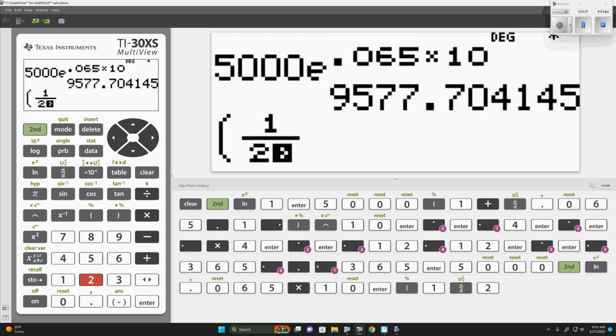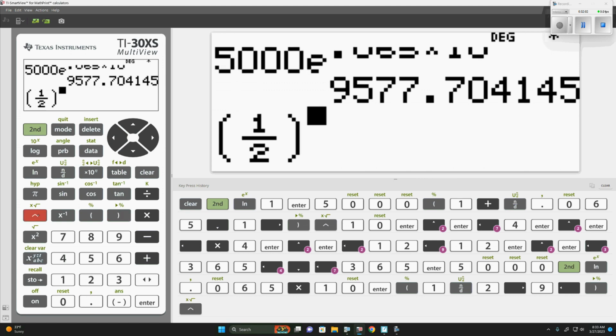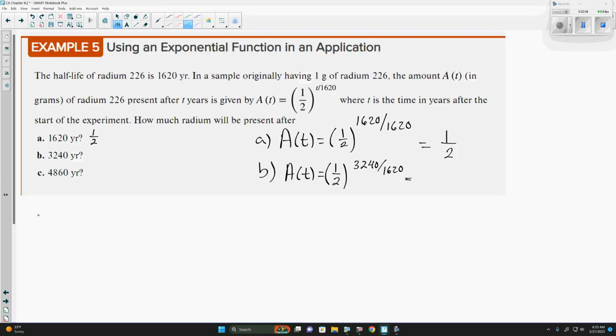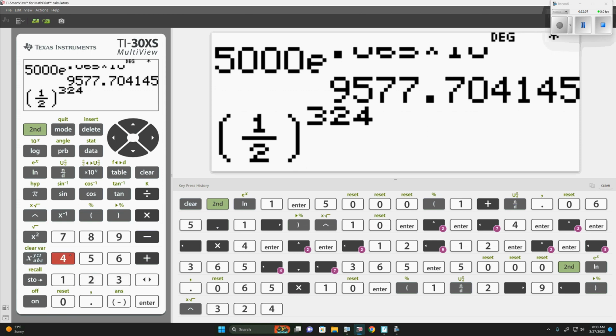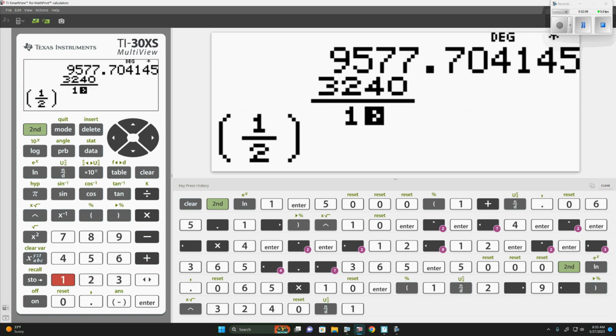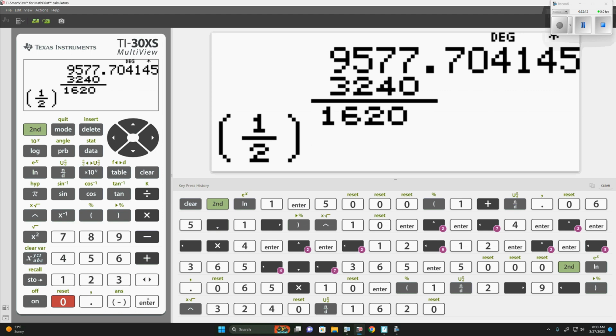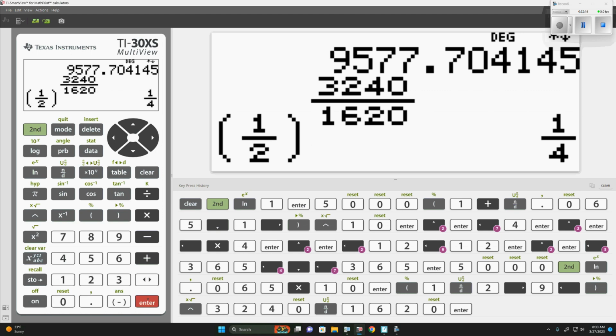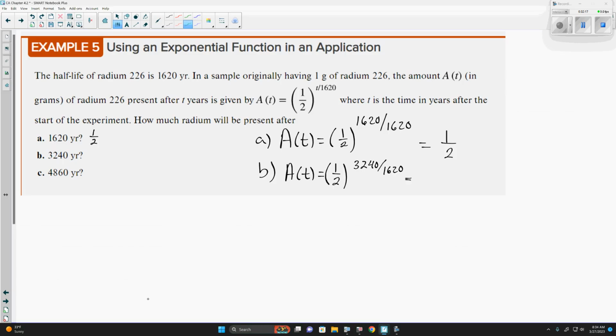So 1/2 to the 3240 over 1620, and we get 1/4. It should be going down, because 3240 divided by 1620 is 2, so we have 1/2 squared, and we get 1/4.